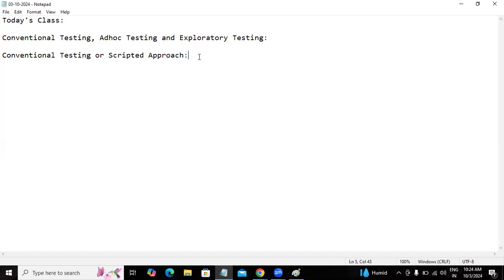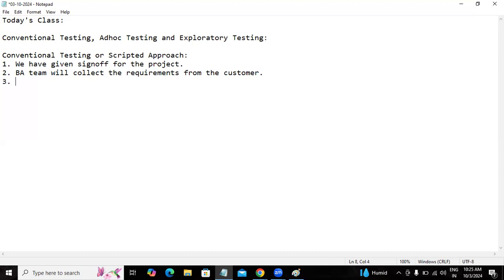Okay, now I'm going to present the conventional testing process. Now you can see we have given sign off for the project. After that, the BA team will collect the requirements from the customer.